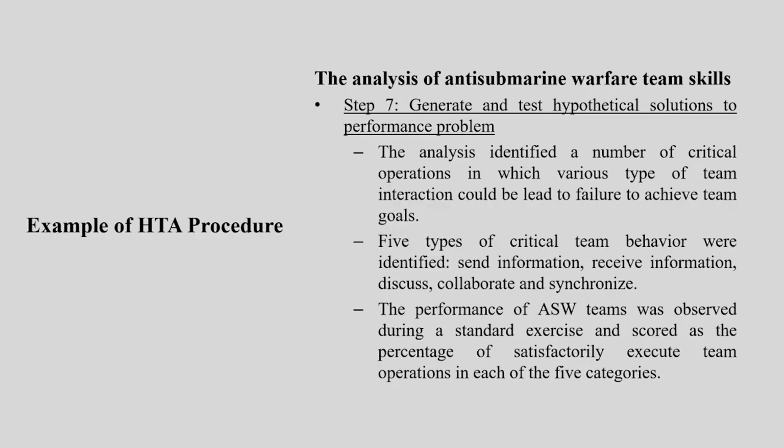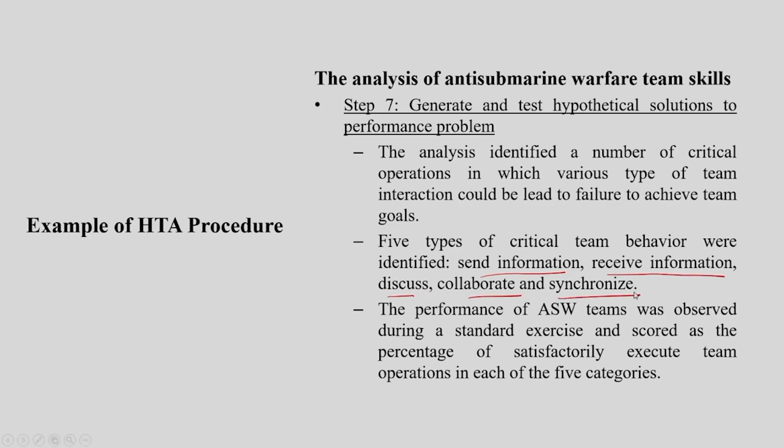The performance of the ASW team was observed during a standard exercise and scored as the percentage of satisfactorily executed team operations in each of the five categories. So these five categories are send information, receive information, discuss, collaborate, and synchronize.